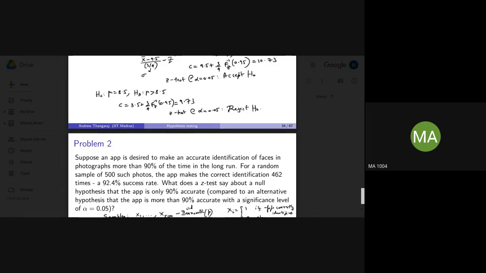All right. Anybody else? This is assuming significance level alpha as 0.05.